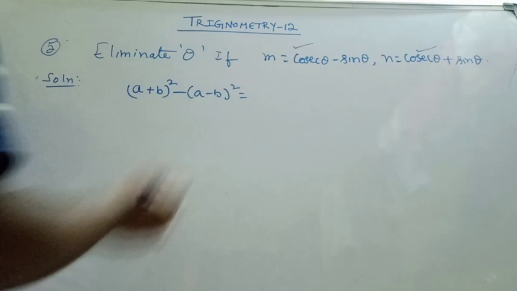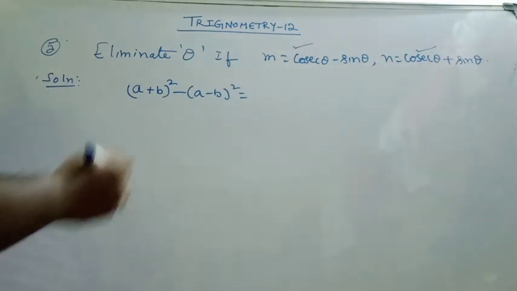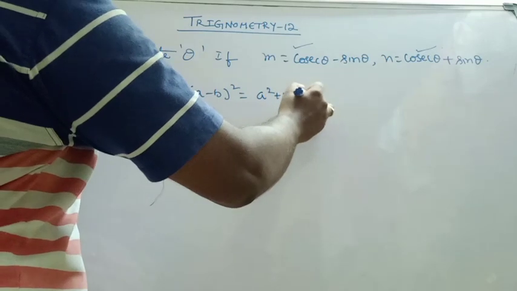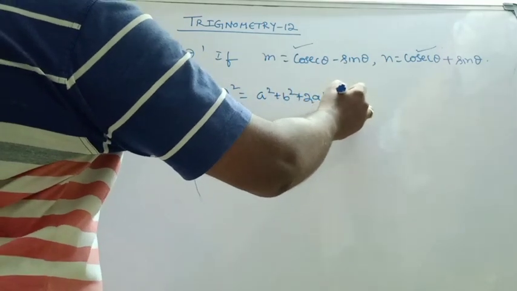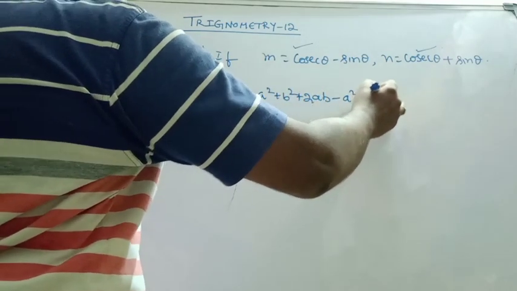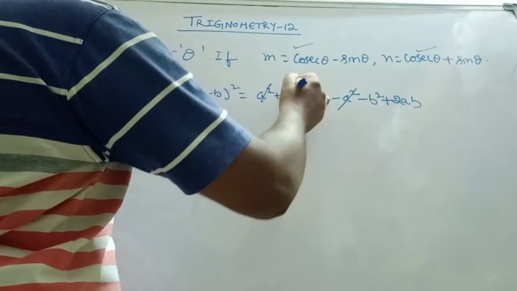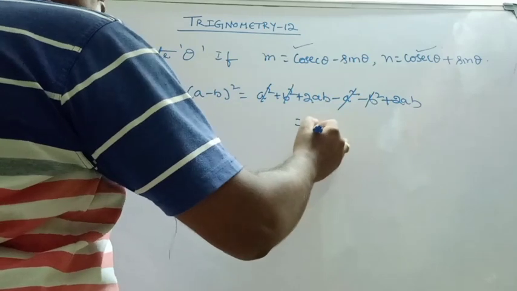This is equal to a square plus b square plus 2ab, minus a square minus b square plus 2ab, that is 4ab. So this is 4ab I am getting.